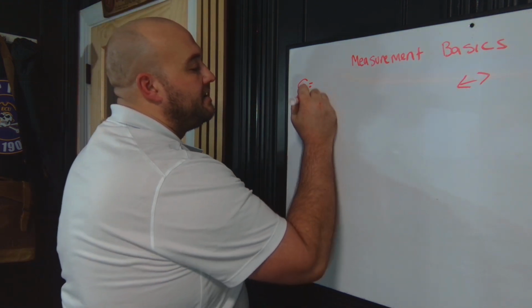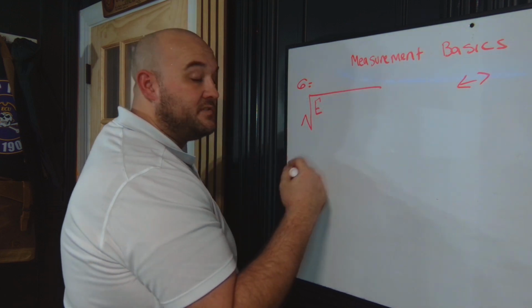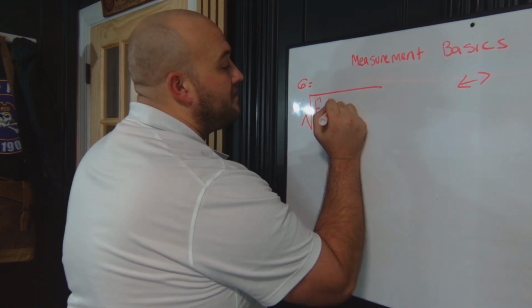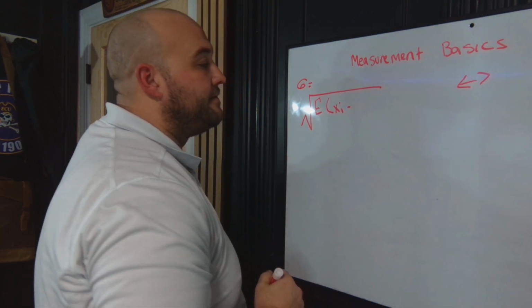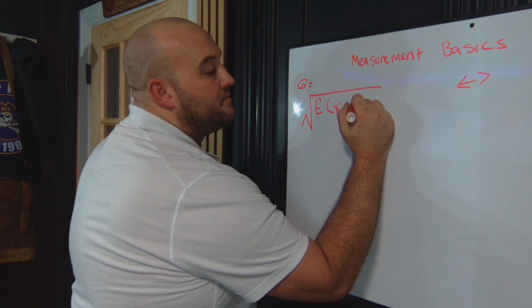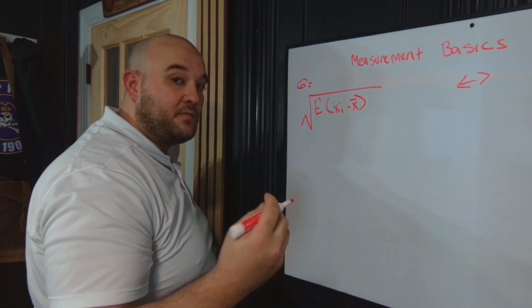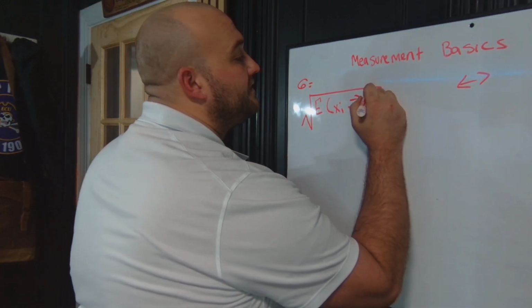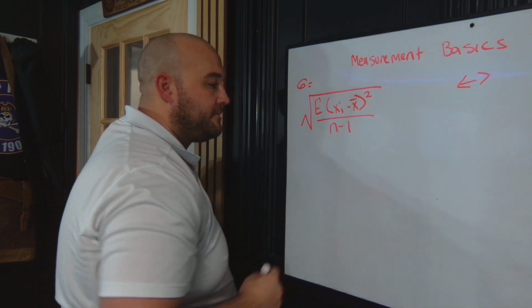Essentially, sigma is the square root of the sum of xi, which is your observation value, minus mu, or x bar, same thing, mu and x bar are the same thing, squared, divided by n minus 1.